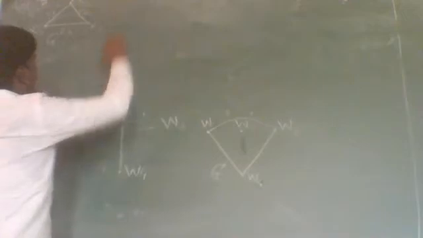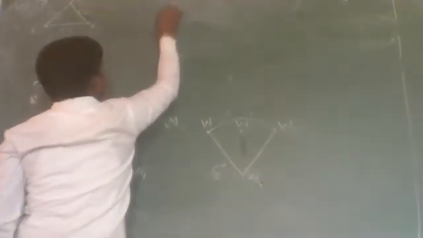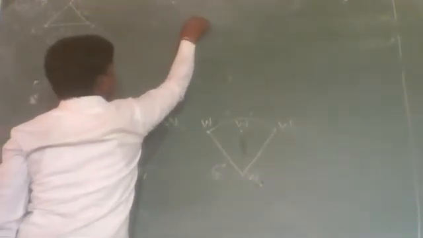So the complement of this graph G is nothing but this one.